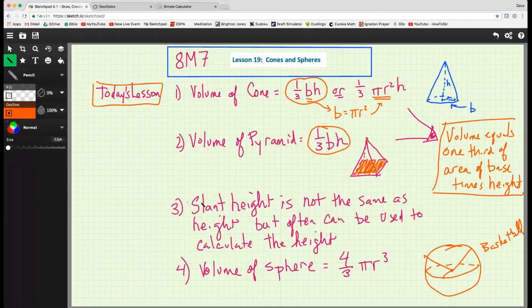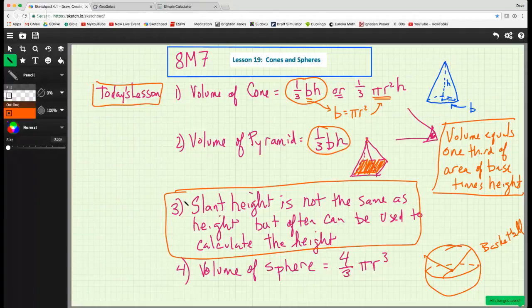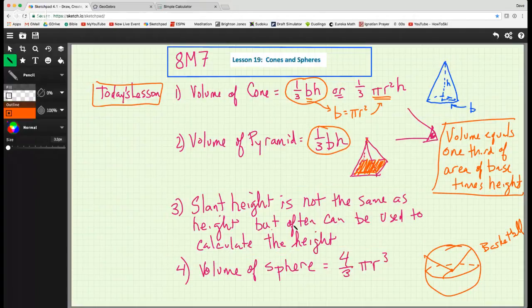So the last point is this concept of slant height. This is not a concept I think that you've learned to date. It is not the same as the height, but can often be used to calculate the height. So let's look at this ice cream cone, or this cone here. The height is from the top straight down to the base, where you form a right angle with the base.